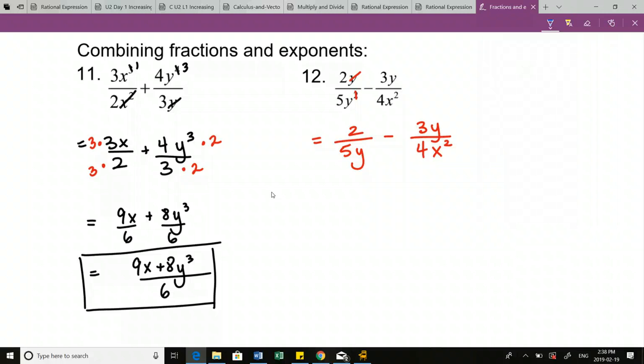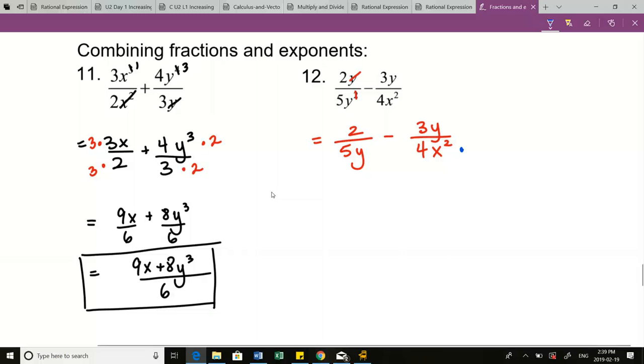Okay, I have a 5y and I have a 4x squared. So we need a common denominator between the 5 and the 4, and also between the variable part here, right? So my common denominator between 5 and 4 is 20, okay? But also the right-hand side needs a y on top and bottom, and the left-hand side needs an x squared on top and bottom as well.